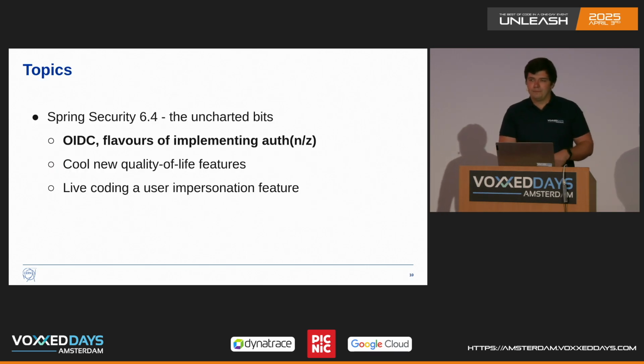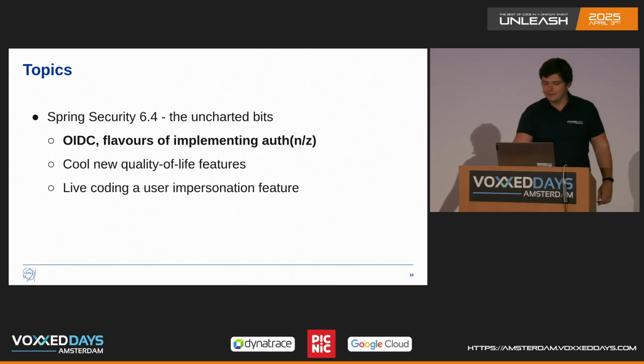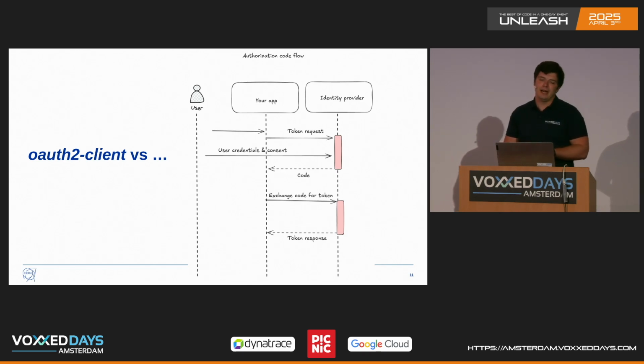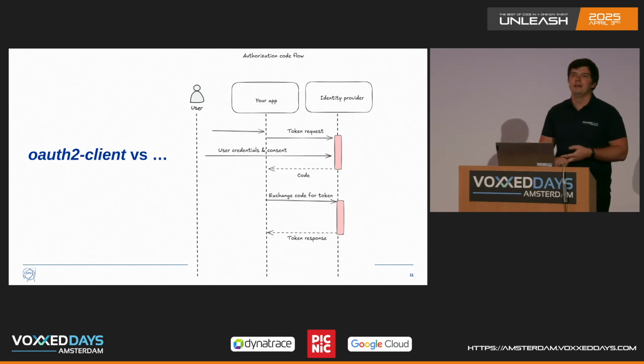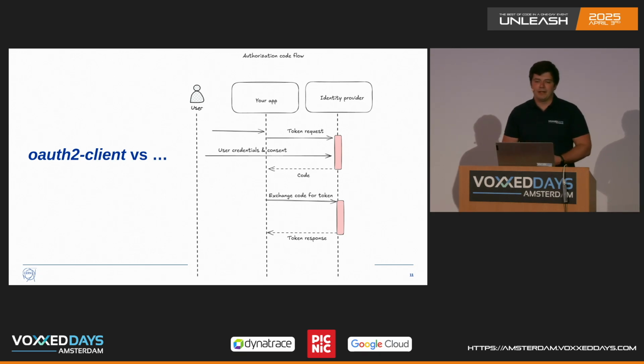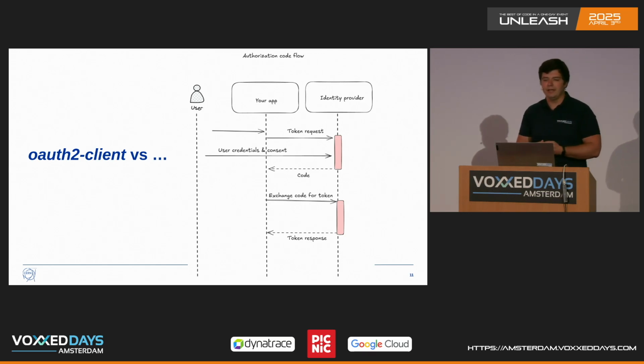Coming back to OIDC and the flavors of OAuth2, there was this question about OAuth2 client and OAuth2 resource server, right? OAuth2 client is basically when your application is a standard server-side rendered application. You ask the user to please log in.